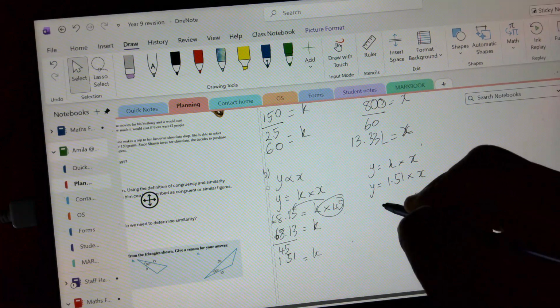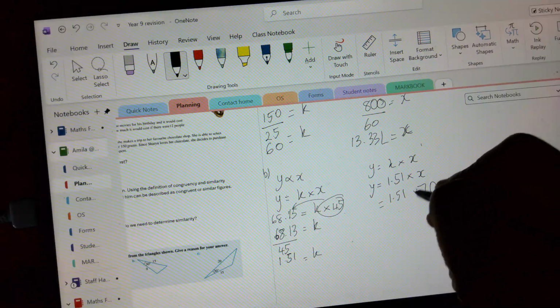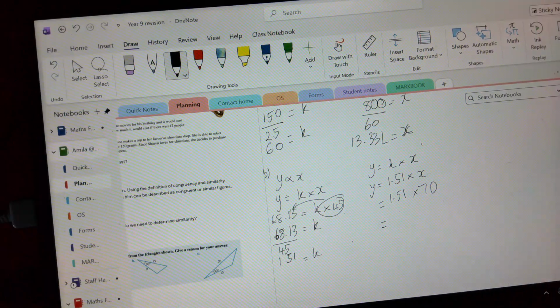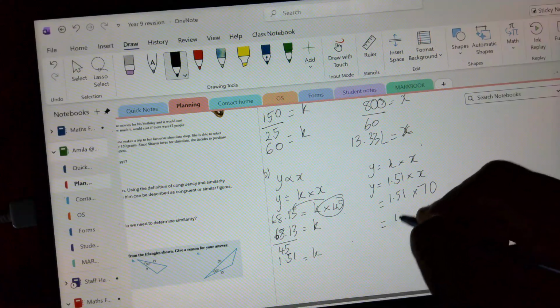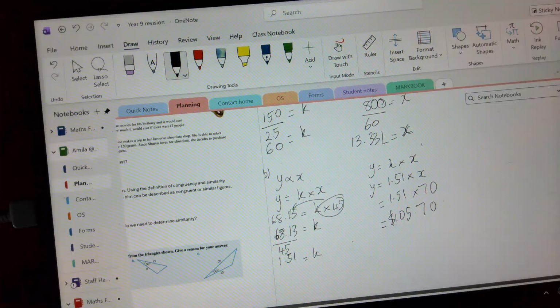I'm going to replace x with 70 because that's my fuel amount, and 1.51 times 70 gives me 105.70. It's a cost, so it's in dollars.